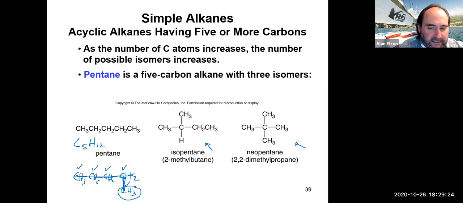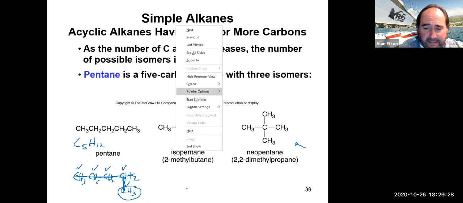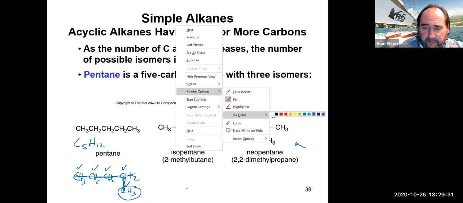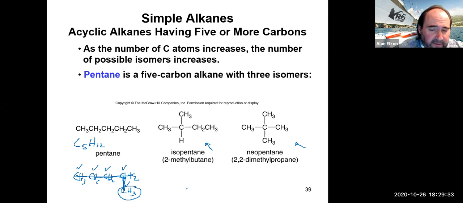Why are the other ones isomers? Well, let's look at them and talk about naming these guys and see how we get to these names, and kind of be a preview of what we're going to be talking about. If we go for the longest carbon chain here on the center guy, we have 1 carbon, 2 carbons, 3 carbons, and 4 carbons. We could also go 1 carbon, 2 carbons, 3 carbons, so that's less. We could go 1 carbon, 2 carbons, 3 carbons, and 4 carbons. That's the same.